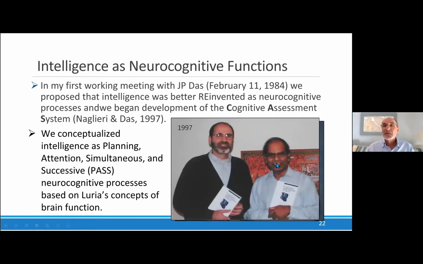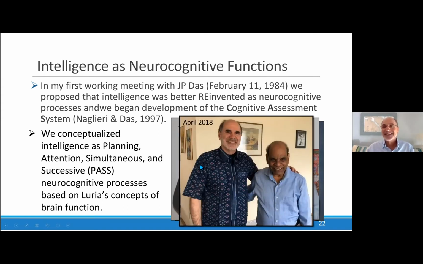Here's what we looked like when we published in '97 the first edition of the CAS, and here's what we looked like shortly after we published the second edition. You can see we got a little bit older, obviously. JP is actually 19 years older than me, and still a wonderful, extraordinary, brilliant, and kind human being. We've obviously been friends for a really long time.